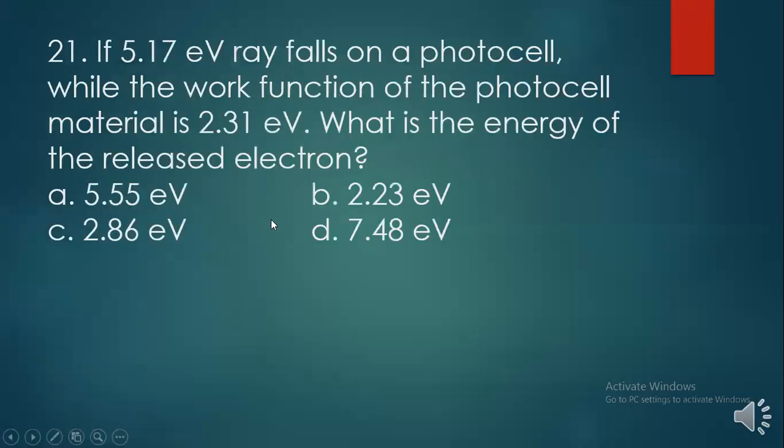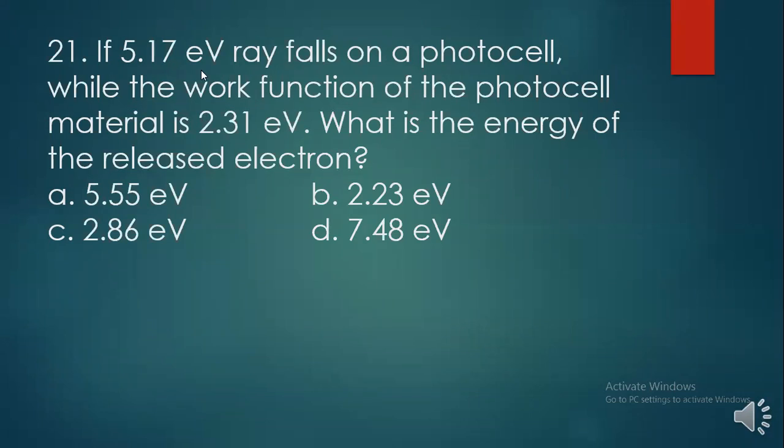Next question. A 5.17 electron volt ray falls on a photocell, while the work function of the photocell material is 2.31 electron volt. What is the energy of the released electron, right? A quick review here.